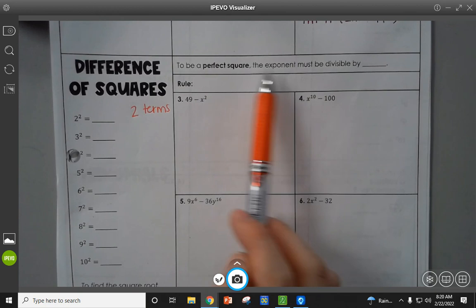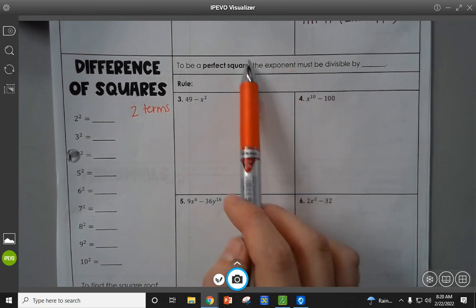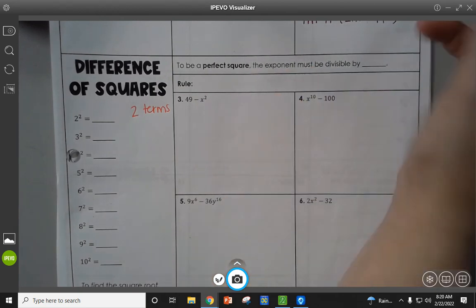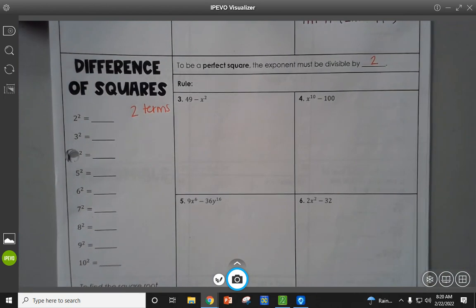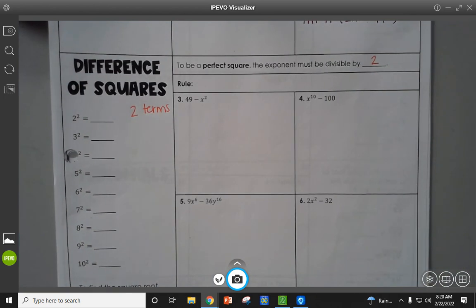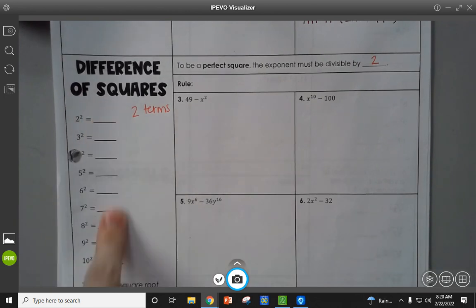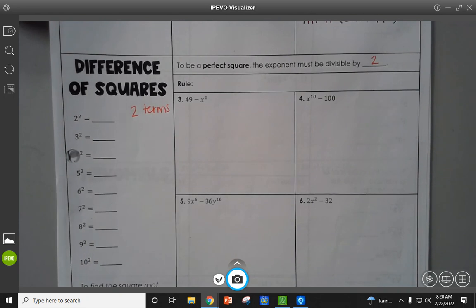In order to be a perfect square, if you have a variable, your exponent must be divisible by 2. If your exponent is divisible by 2, it's a perfect square. So I want you to go down the side and fill in these first few blanks here.